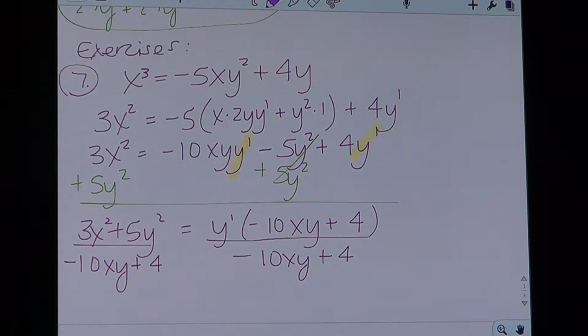I'm not sure why the answer key switched all the signs. I guess if you moved it to the right hand side instead of the left hand side, you'd have the opposite signs, but I don't see a reason why you need to change it. Okay, that's what I have. Then I don't know what I did on my right. Oh. Okay.